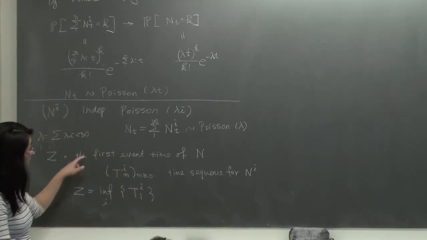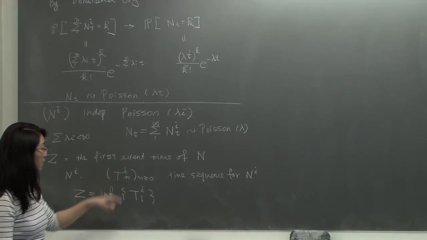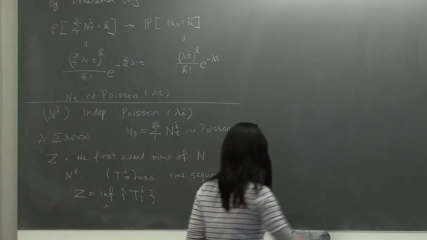Because Z is the first event time of this new process, it corresponds to the minimum of all these first events for the different processes. Okay, so this is Z.